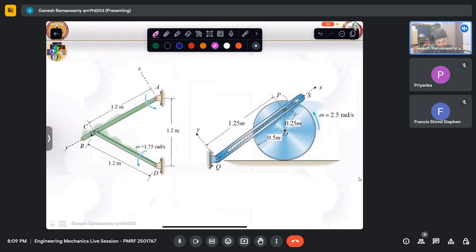Okay, so one thing to note here is that where do we fix the axis? So we generally fix the axis to the slotted arm. Why is this the slotted arm? Because by virtue of this collar or this thing, this crank is actually making this move.